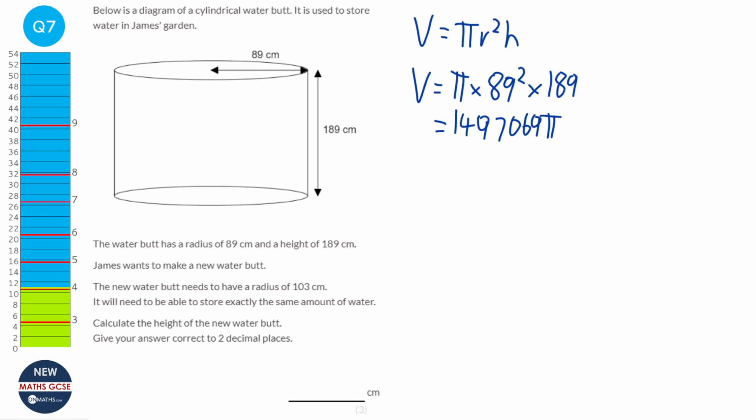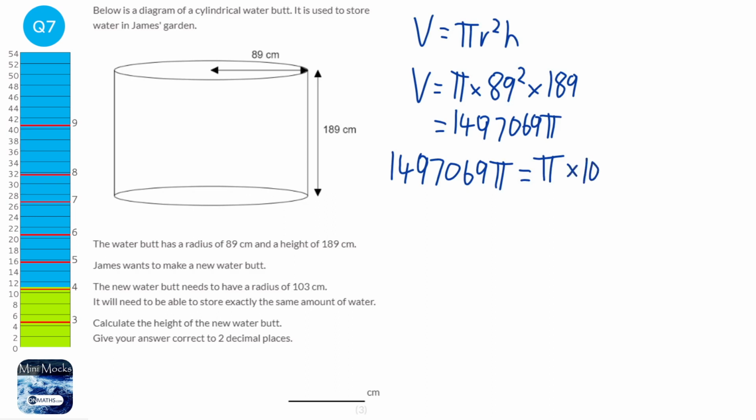Now, what we want is we want the volume to stay the same. So we're going to keep that as the volume, 1497069 pi. But we want the radius to change. So instead of the radius being 89, we want the radius to be 103. So times 103 squared.